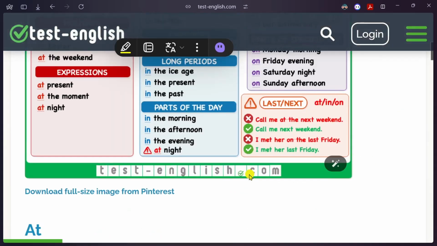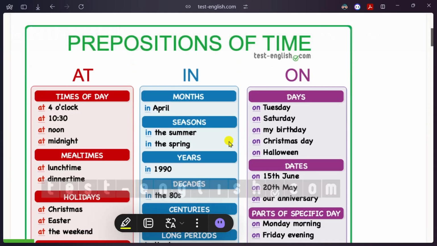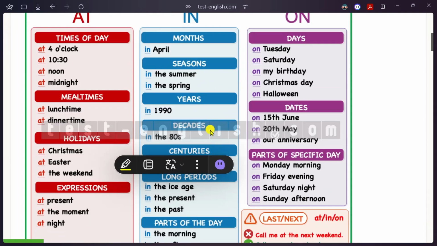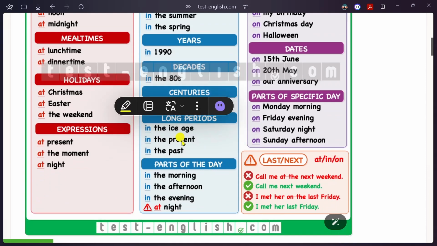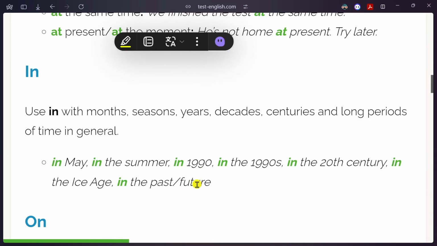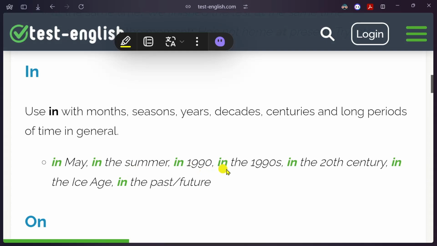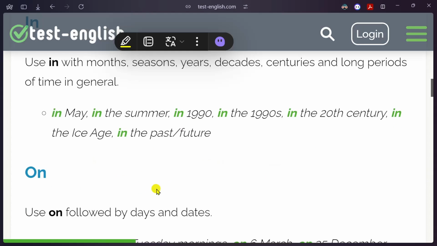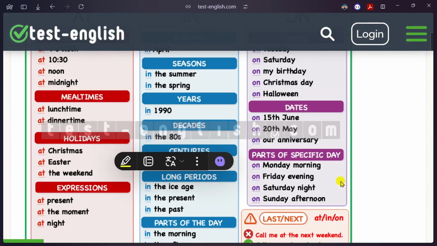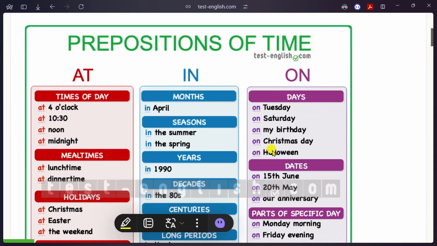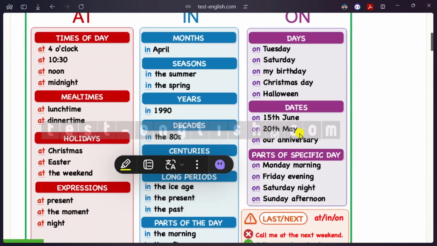So remember, there were periods of time, especially long periods of time: months, seasons, years, decades, centuries, ages, and some parts of the day. In the 90s, in this century. On was days, dates, and parts of the day when you have a specific day.